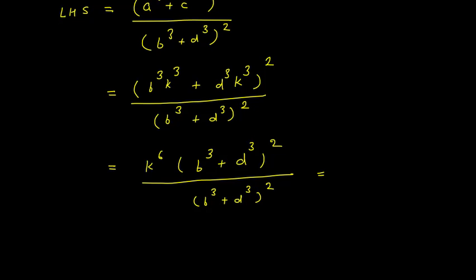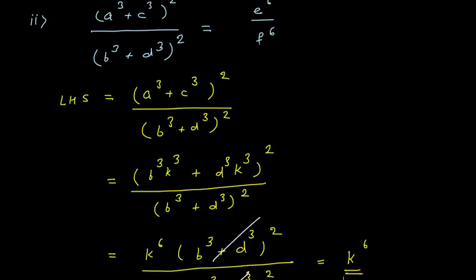So you check this and this, they can cancel out, and here we have K power 6. This is my LHS. LHS is K power 6.